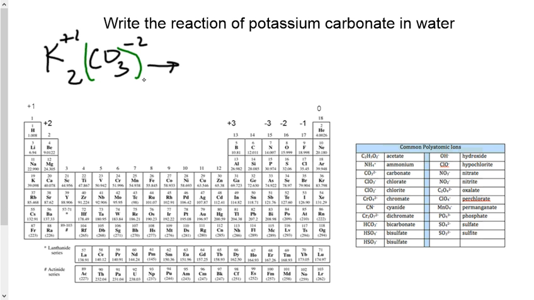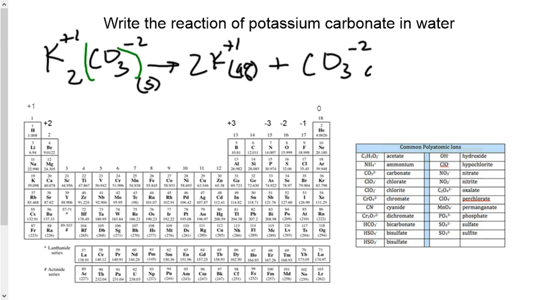So let's put a solid next to that. So that's going to make 2 aqueous +1 potassium ions. And that's an AQ there. And plus an aqueous carbonate ion, CO3, -2 aqueous. Okay, and there you have it.